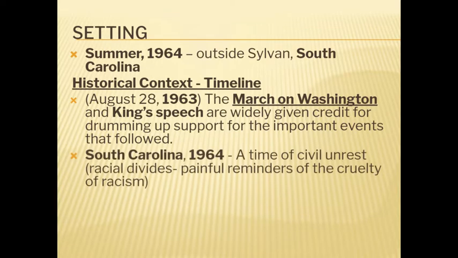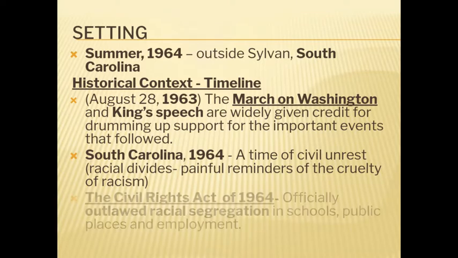South Carolina in 1964, however, was a time of civil unrest. So there were lots of racial divides and lots of painful reminders of the cruelty of racism. And people are still combating those Jim Crow laws of the South. So those laws that separated white people from black people and made black citizens appear to be less than the white citizens.